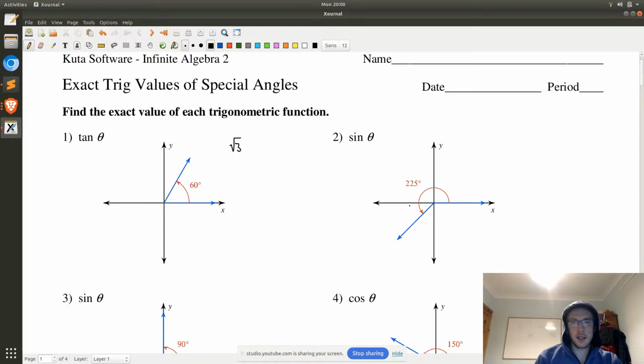In this case, it's 45 degrees. So it's going to be the negative of sine of 45 degrees, which is negative root 2 over 2.